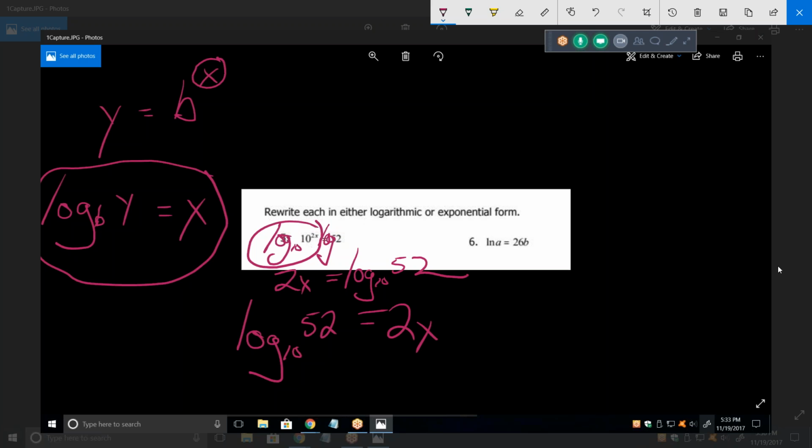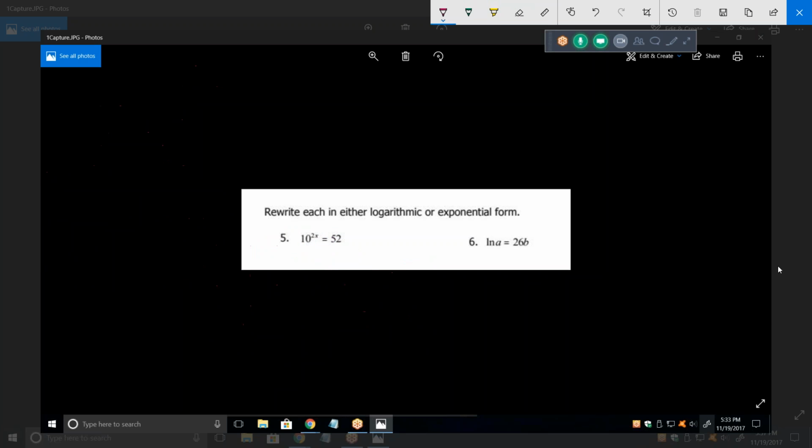So I get to this answer in one of two ways. I can either take the log of both sides using the base of whatever this number is, or I can just translate it based on this equivalency over here. Okay. Now, when you're faced with going the other direction, I have another little memory technique that I like.